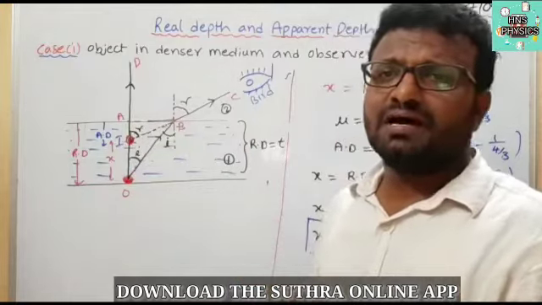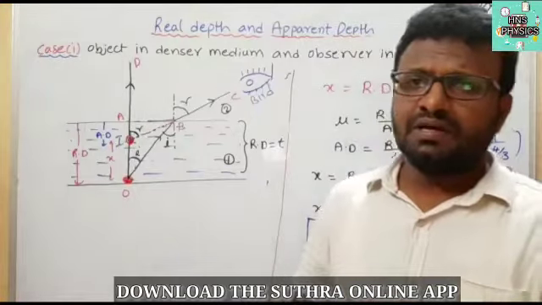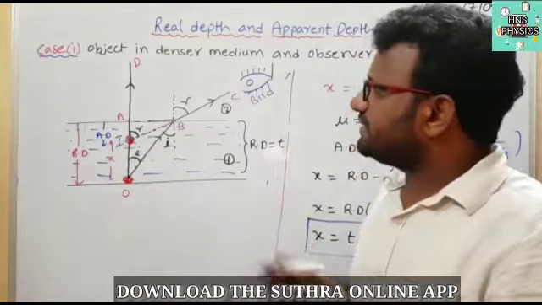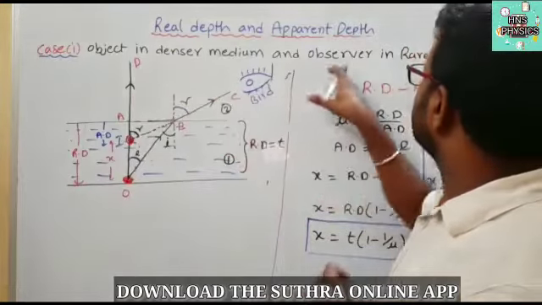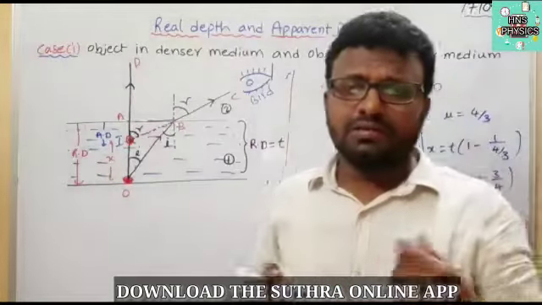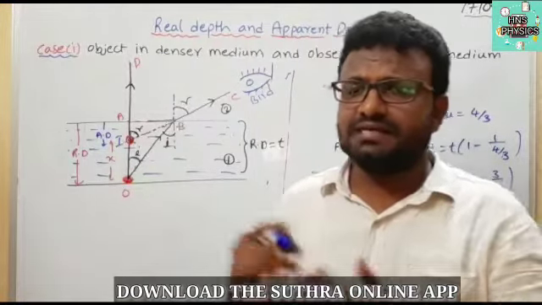So due to the refraction of light, we can see this thing in our day-to-day life. These are the examples for this condition: when the object is in a denser medium and the observer is in a rarer medium. Here one more case is there, that second case we'll see in the next session.